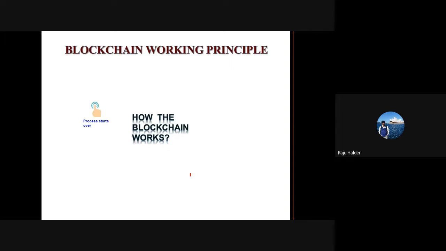So you have to mention in your transaction which previous transaction you got money from, to whom you are sending the money, and how much amount. Those things you have to mention in the transaction, and something you have to mention in the Bitcoin scripting language also, and that will help other people to verify whether the transaction is correct or not.